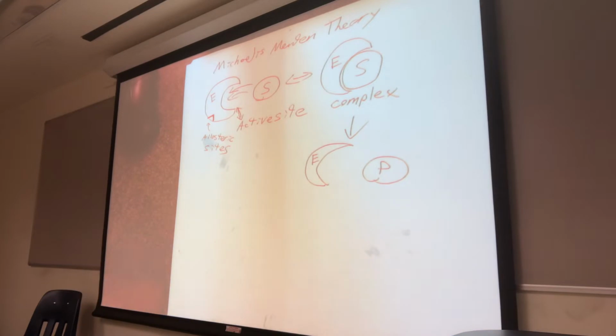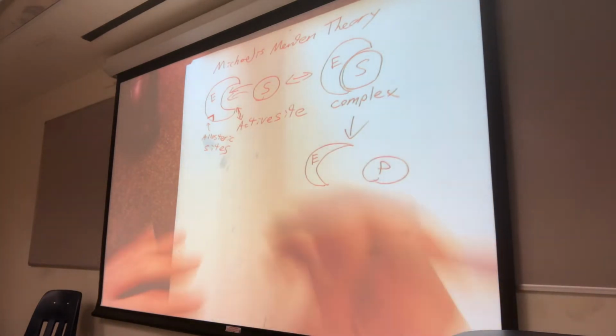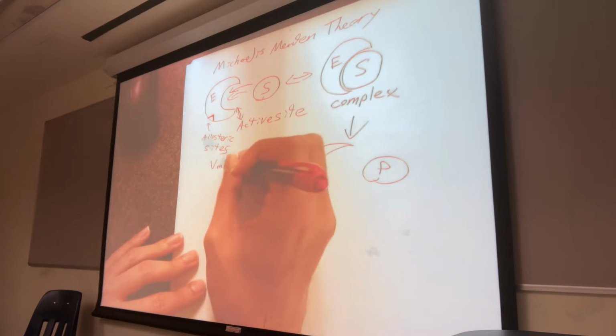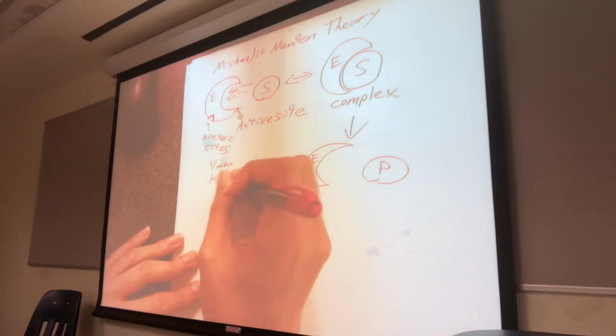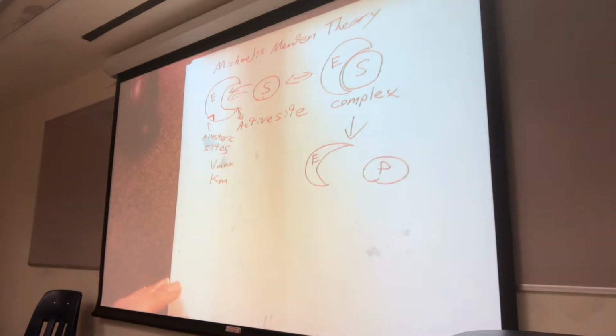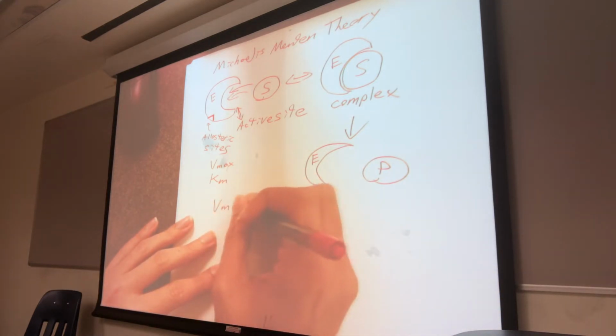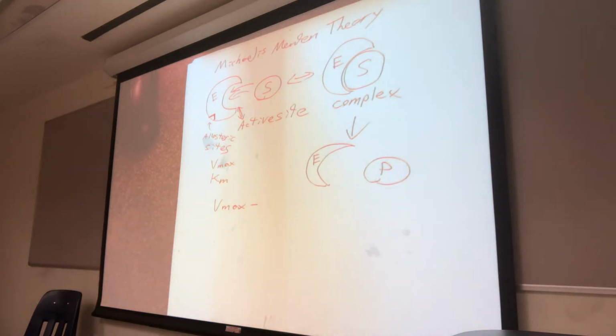So this reaction can be characterized by a few mathematical variables. One is Vmax, and another is Km. These are the two most important ones, and there's some other ones you can calculate on the side. We will get to those later. So to describe it, Vmax is the maximum rate of this reaction.